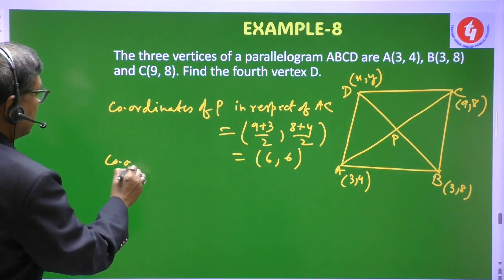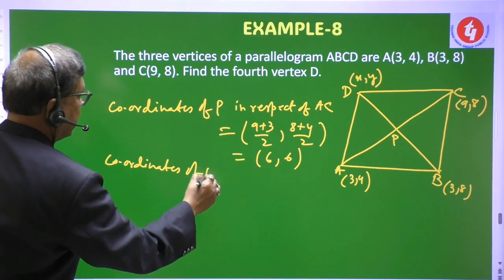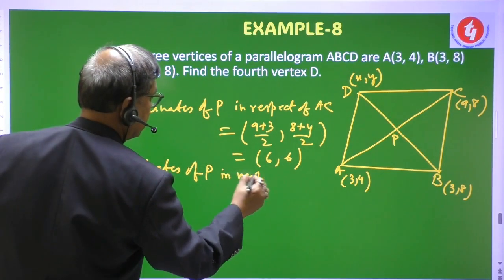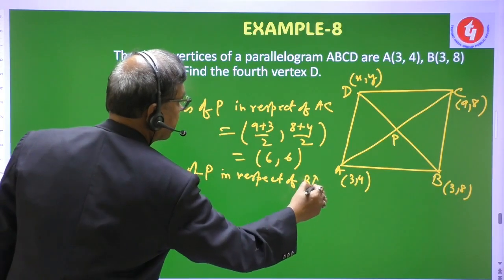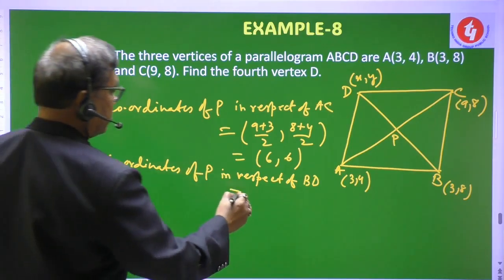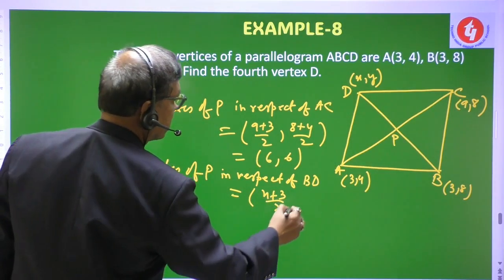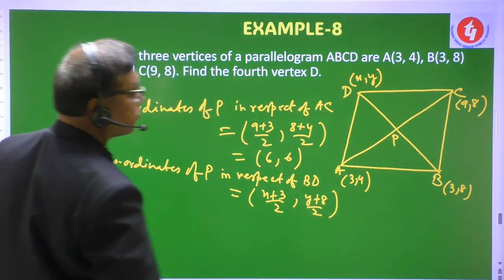Now coordinates of P in respect of BD. In respect of BD, x plus 3 upon 2 comma y plus 8 upon 2.